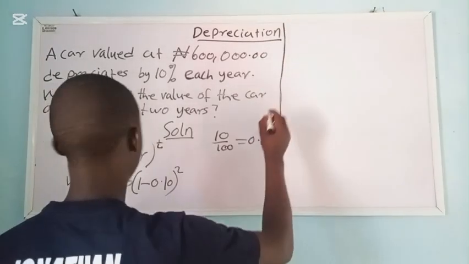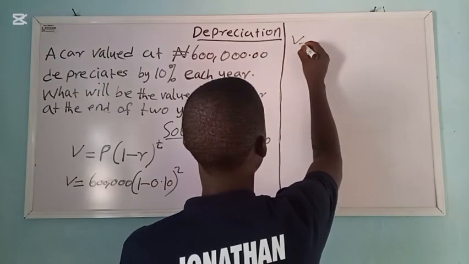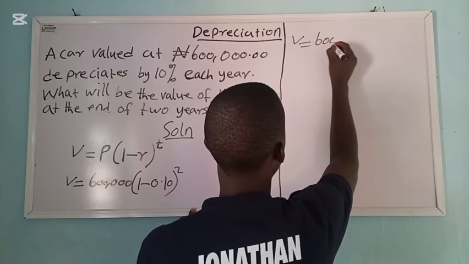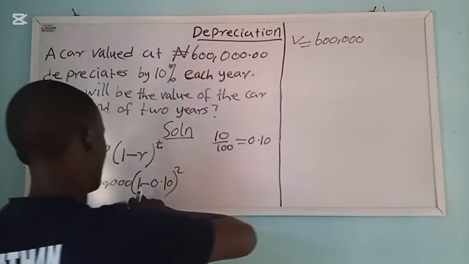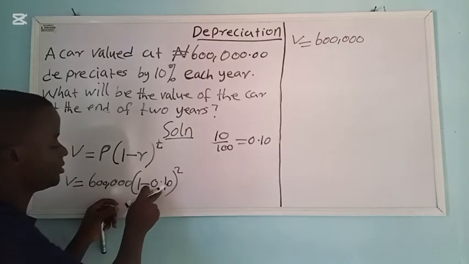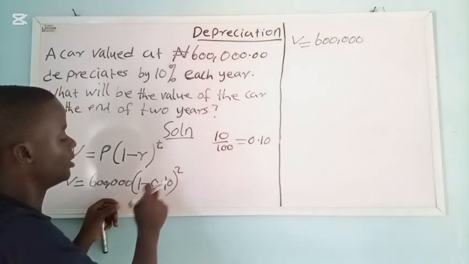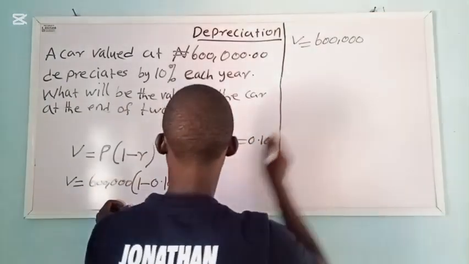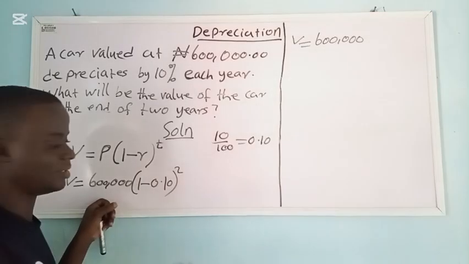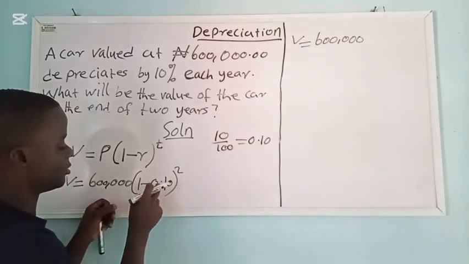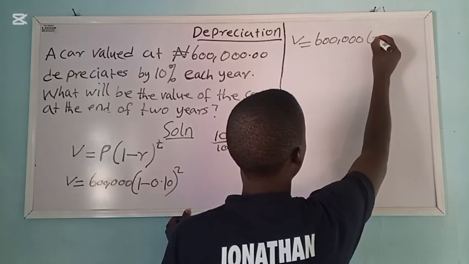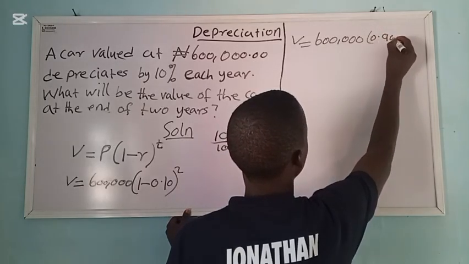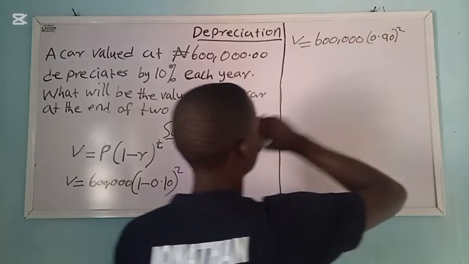So let me come to this side. We'll say V is equals to 600,000 times one minus 0.1. 1 minus 0.1, because this zero is not counted, you cannot say 10, it's just 1. 1 minus 0.1 will give in brackets 0.90 squared.